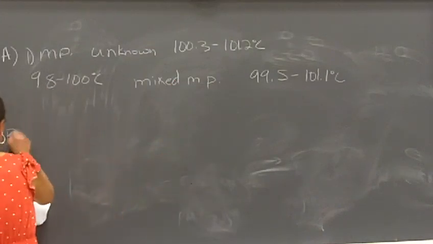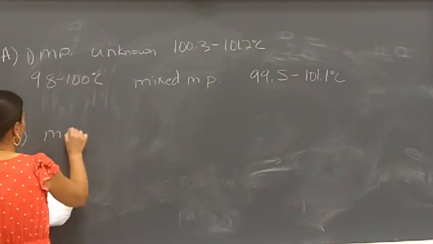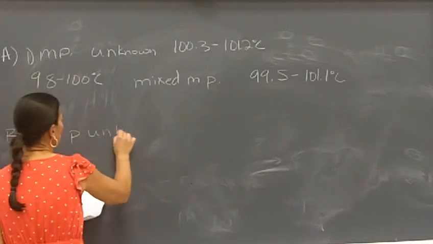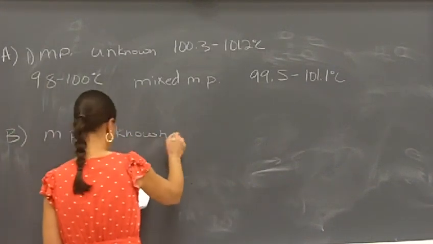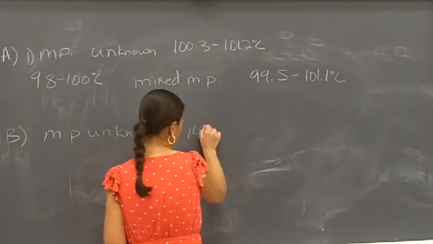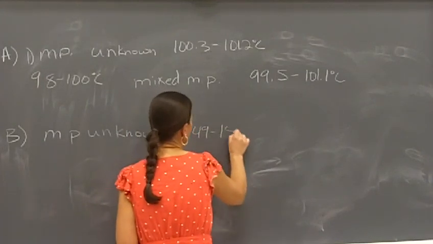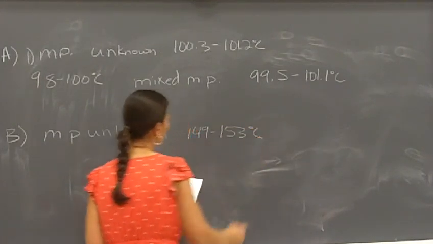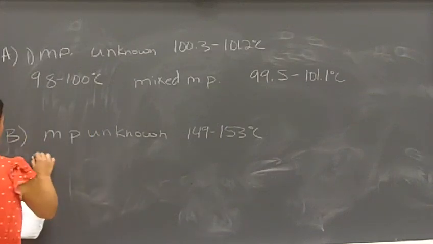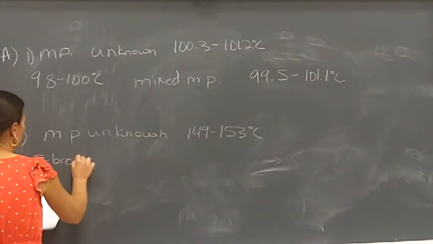Versus, say we've got another unknown, and it's 149 to 153. And we decide, maybe that's 2-bromobenzoic acid.